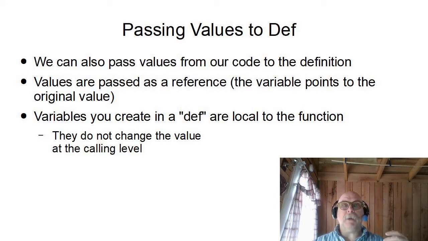That makes it that much easier and better to use definitions because they have their local variables, and you don't have to worry about what variable names you use outside the definition or inside another definition. Let's see some examples.